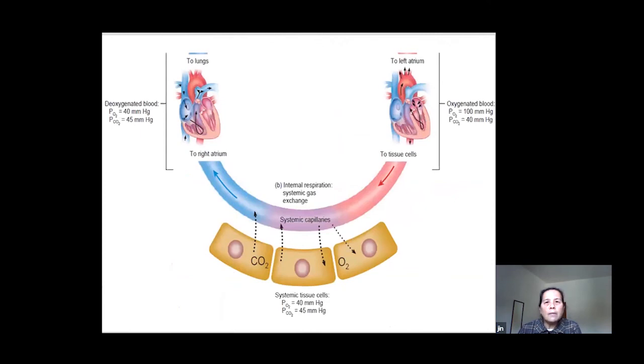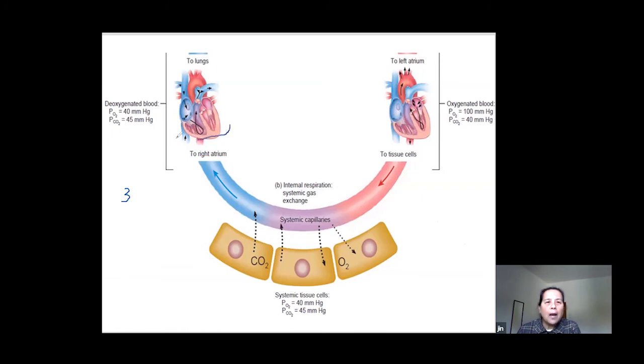Then we go to the third step of respiration. Basically it's the same picture, but because it is too big, I just cut it in half to give you a clearer explanation here. So in this picture, the heart is still here.